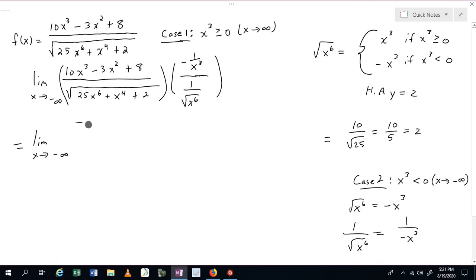So we get negative 10 x cubed over x cubed, and then plus 3x squared over x cubed, and then minus 8 over x cubed. Now notice these are changing sign because I'm multiplying by negative. So that should be a negative, a positive, and a negative.